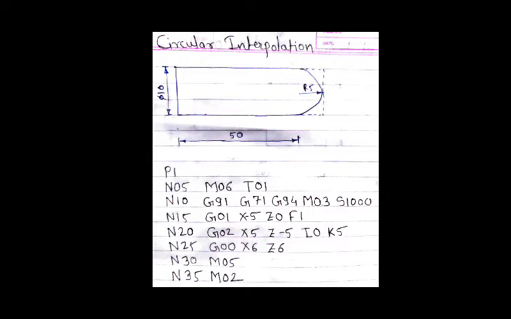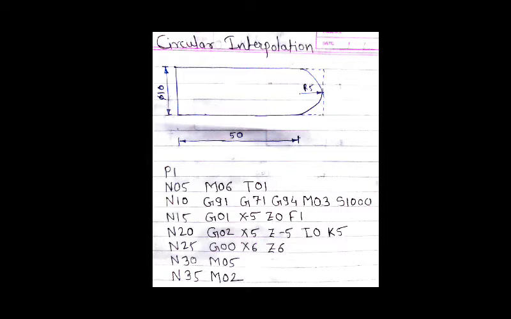N20: G02 X5 Z minus 5 I0 K5. Till now we have seen only G00 and G01 for chip removal, but here we are using G02. G02 is for circular interpolation clockwise.